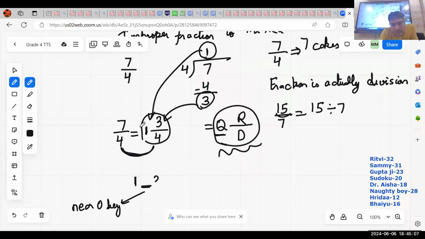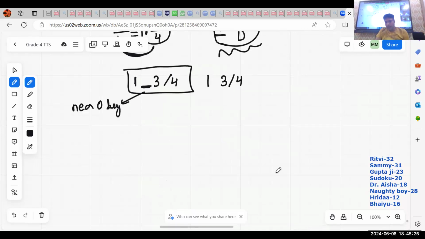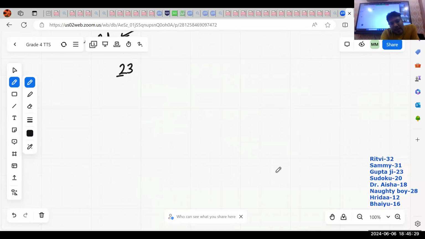Then you will write 3/4. Or you can type 1 space 3/4. ये भी चलेगा. Can everyone type it like this in the chat? All right, convert 23/7 into mixed. 1 minute question, give it in the chat.